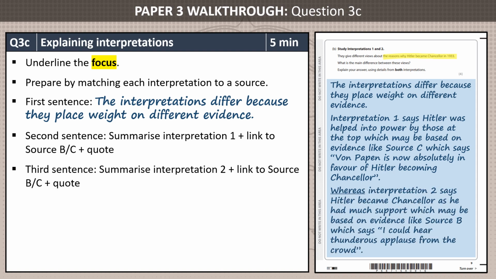So we're going to summarise it, we're going to link it to the other source, and then we're going to quote from that source. And you can see I've had a go at doing that here. Learn this process and use it in your answer. Now remember, because we're comparing, again we're going to use the phrase whereas in our answer.